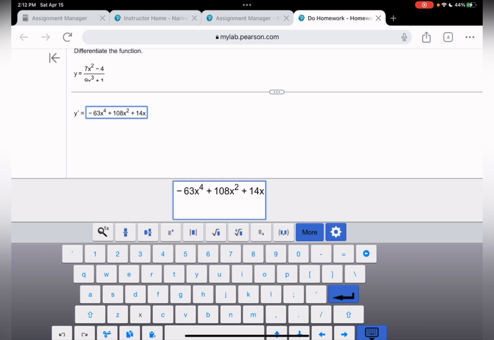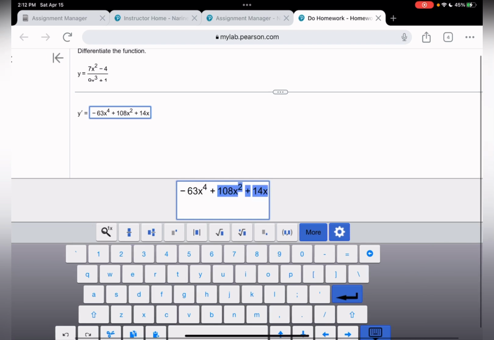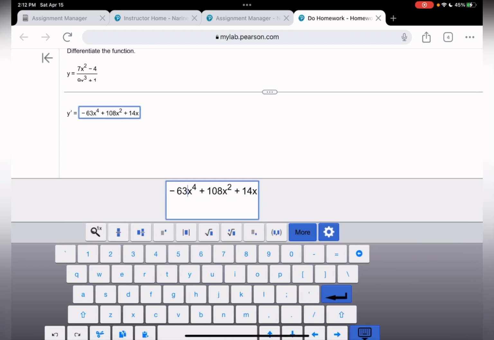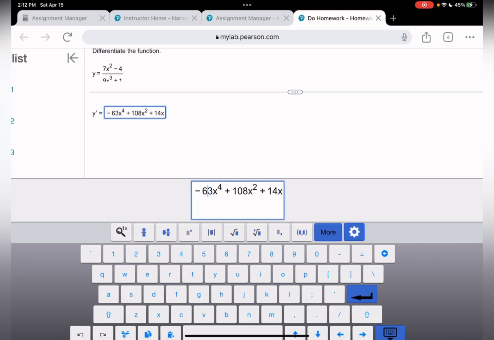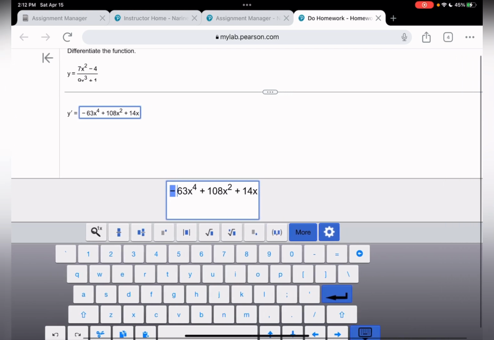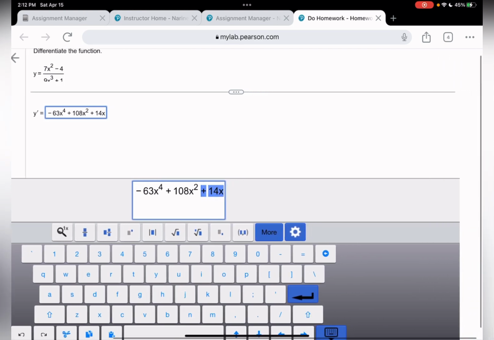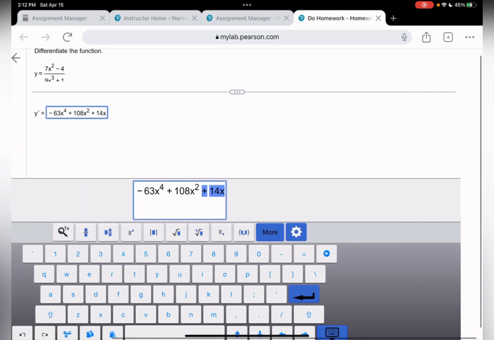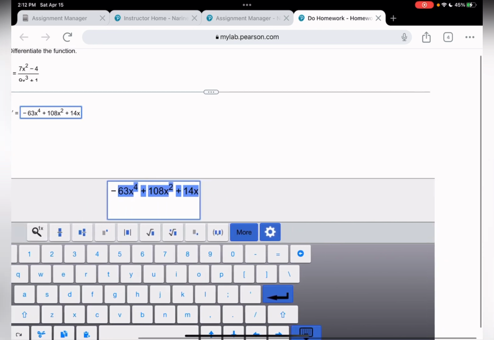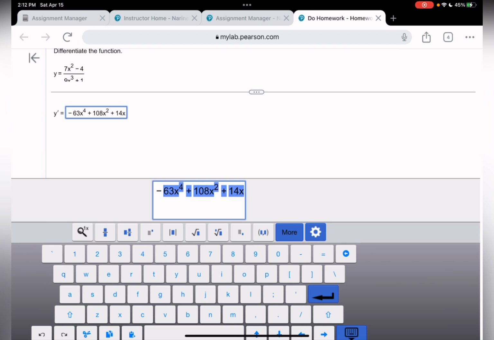Okay, all this I need to highlight. How do I highlight on this? Here we go. It doesn't let me, okay, this way. Okay, divide.